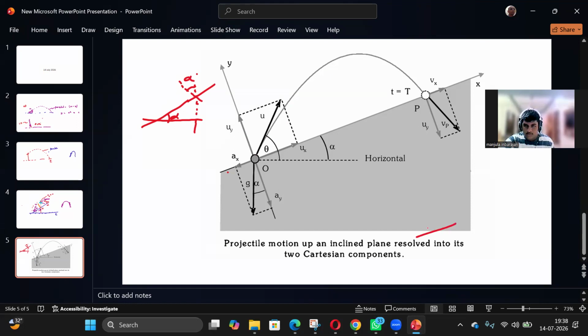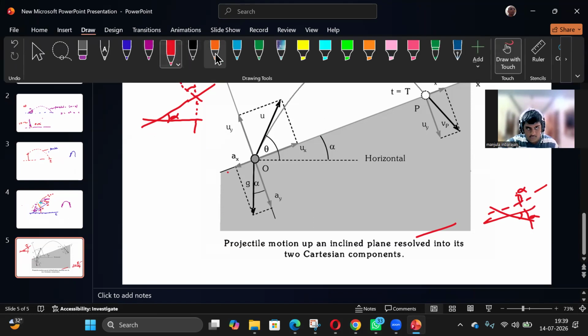If the angle between two lines is alpha, then the angle between the perpendiculars, if I draw a perpendicular to the first line and a perpendicular to the second line, anywhere I can draw, is also alpha. So this alpha is between the horizontal and the plane, and perpendicular to horizontal is vertical.